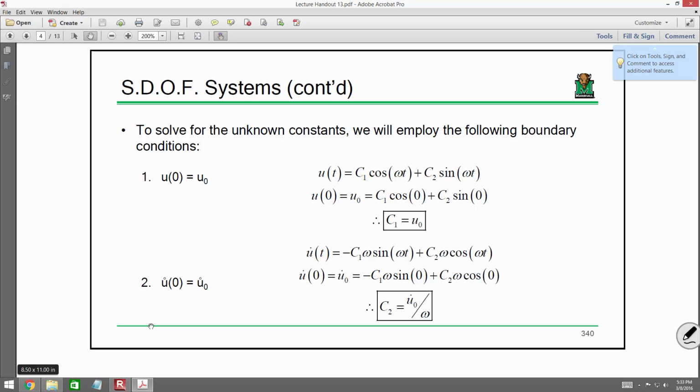I propose that we have 2 initial conditions. Think about the guitar string. I take the guitar string and pluck it. I propose that when you're dealing with free vibration, you at most have an initial displacement and an initial velocity, right? Think about what happens in the guitar string example.